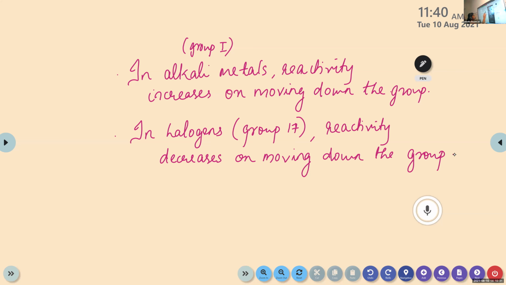So these two groups, alkali metals and halogens, are both highly reactive. But in alkali metals, the reactivity increases on moving down the group, and in halogens, the reactivity decreases on moving down the group. That's it.